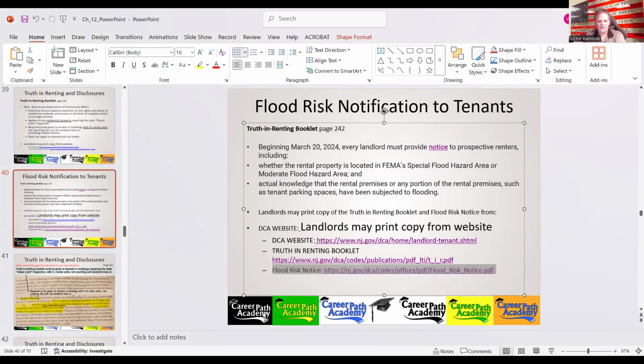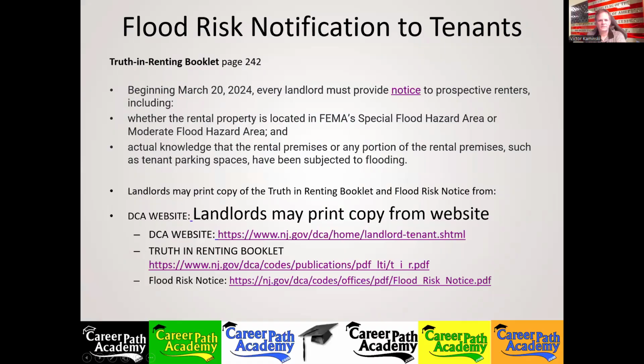So here, I'll share that flood risk notice with you guys. Boom. Now let's go back to the full slide. All right. What the heck's going on?